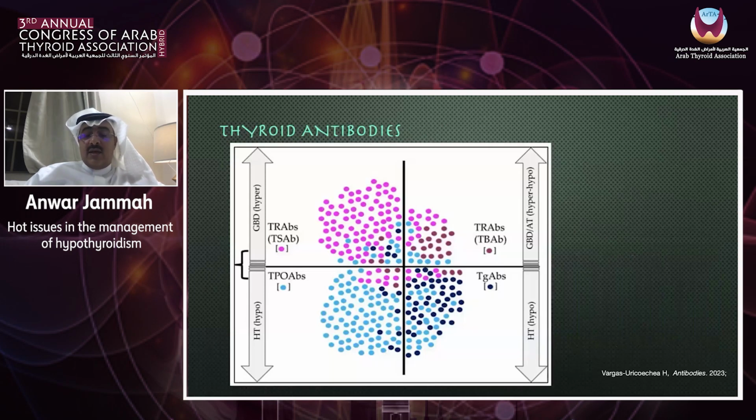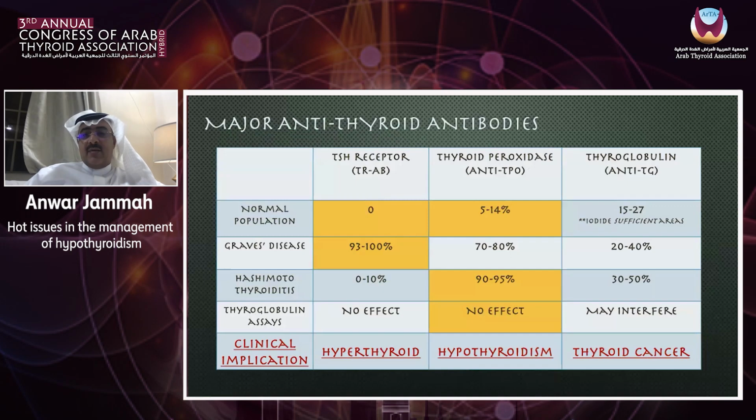This is from more recent data showing that anti-TPO is more specific than anti-TG. And in this table that I made, which differentiates between anti-TPO and anti-thyroglobulin, you can see here that the normal population still has 5 to 14%, but more with anti-thyroglobulin, and in Hashimoto thyroiditis, 90 to 95% have anti-TPO and 30 to 50% have anti-TG.